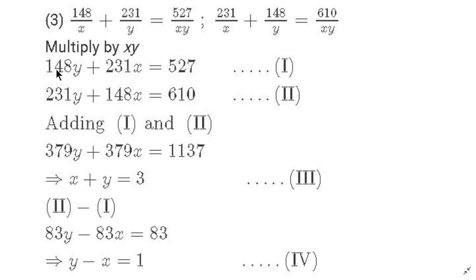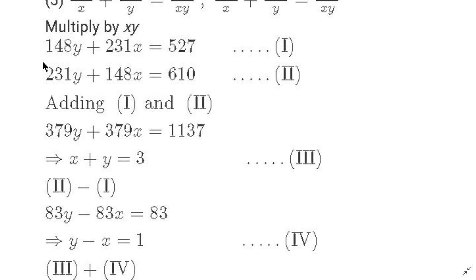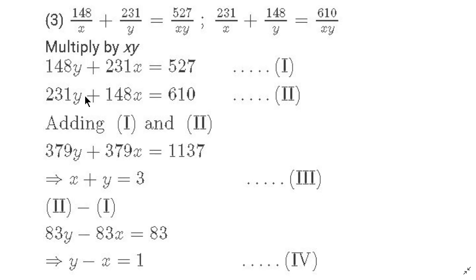So this is the answer after multiplying: 148y, because when we multiply, x will be cancelled and only y remains. In this case y will be cancelled and x remains, and in this, x and y are totally cancelled. Now we can see it is in the standard format. Similarly, do this with the other: 231y plus 148x is equal to 610.